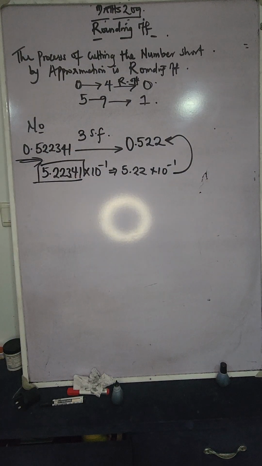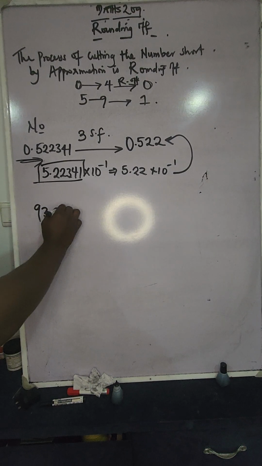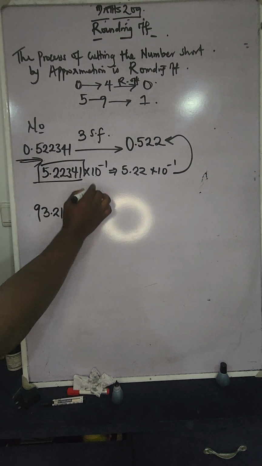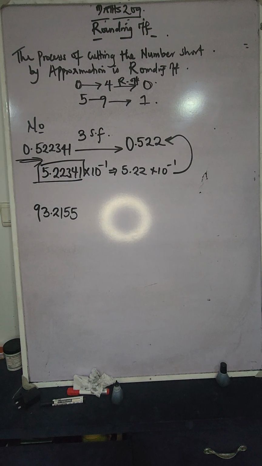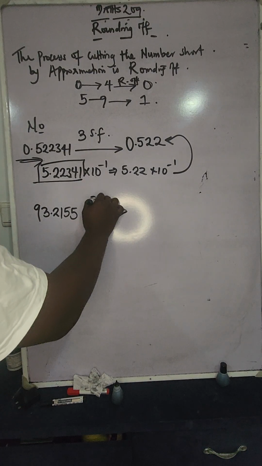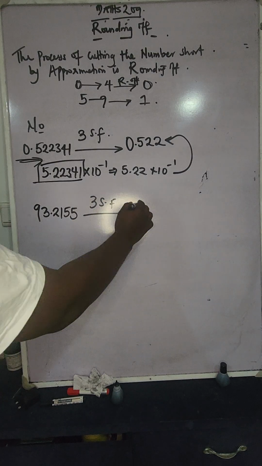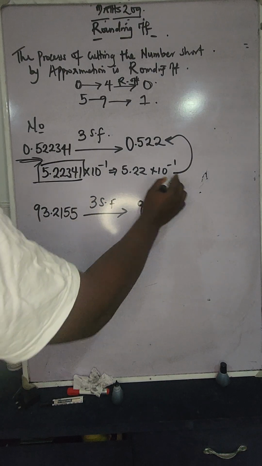Is that clear? So the next number we'll be looking at is 93.2155. What is our solution to that to three significant figures? You can tell me. Our answer will be 93.2.